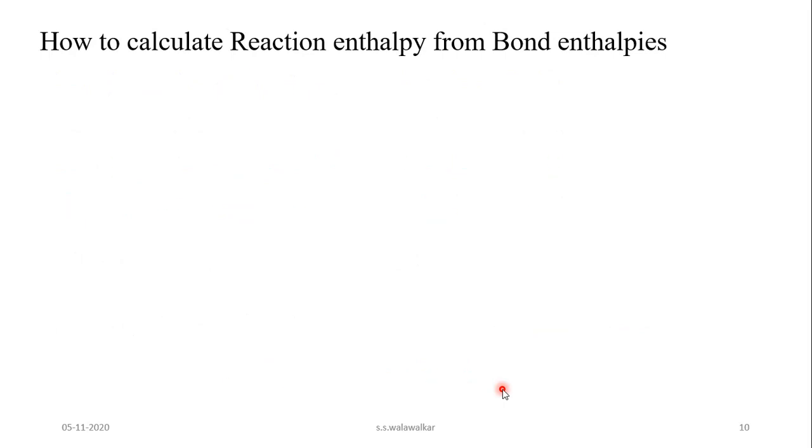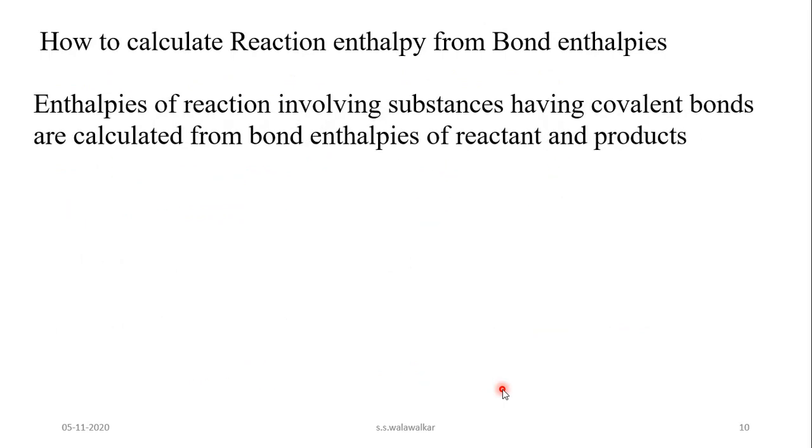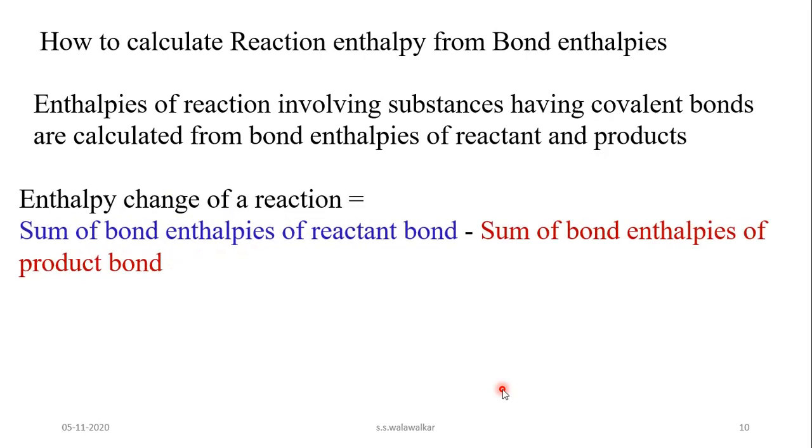Now we will see how to calculate the reaction enthalpy, standard enthalpy of reaction, from bond enthalpy. So enthalpy of reaction involving a substance having covalent bonds can be calculated from bond enthalpies of reactant and product using this formula. That is, enthalpy change of the reaction is equal to sum of bond enthalpies of reactant bonds minus sum of bond enthalpies of product bonds.